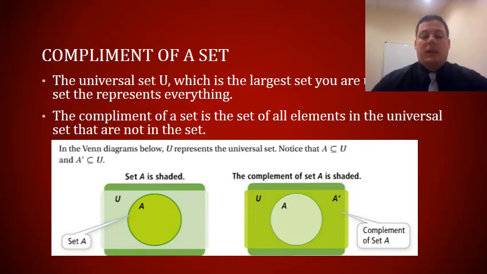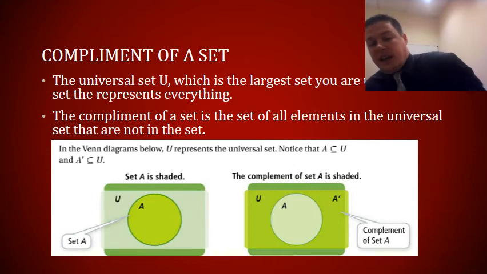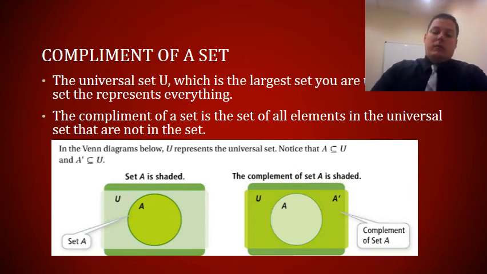Finally, we have the complement of a set. In order to understand complement, we must understand the universal set, which is labeled as just a capital U, which is the largest set you are using, or the set that represents everything. You see below, the universal set may be all real numbers, which includes lots of things, and a subset of all real numbers, or a different set within the universal set, may be irrational numbers.